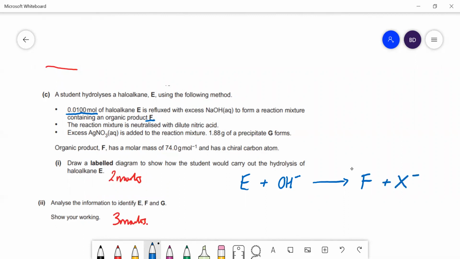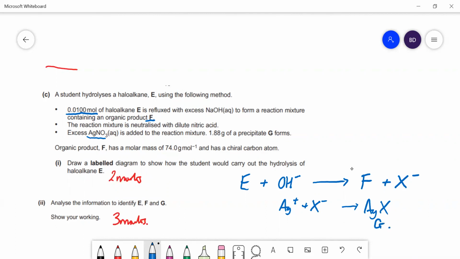I'll just write X minus because we don't know if it's chloride, bromide, or iodide. Then they neutralize with nitric acid to get rid of the OH minus, and you add silver nitrate. The silver ions and the halide ion will form a precipitate of the silver halide, whichever one it is. They all form precipitates, and that is G.